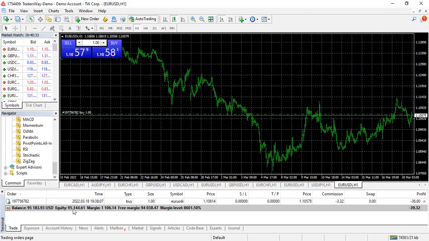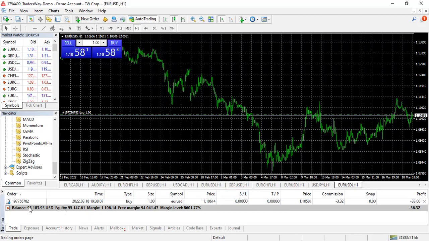So equity is the real-time calculation of profit or loss, either profit or loss. So when the account is in profit, it changes. You can see it start changing in this equity. And when your account is on loss as well, they will be deducting it from your equity.